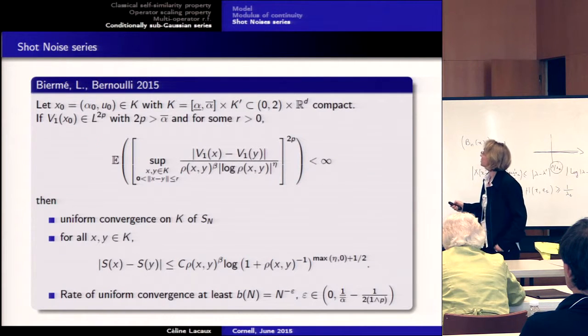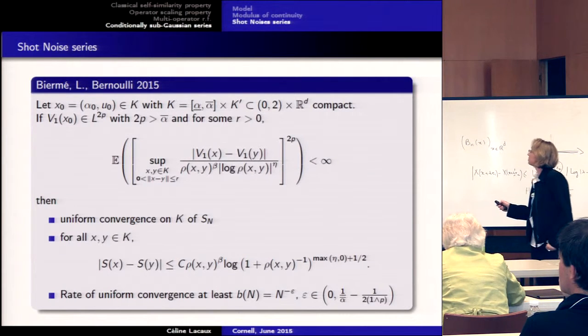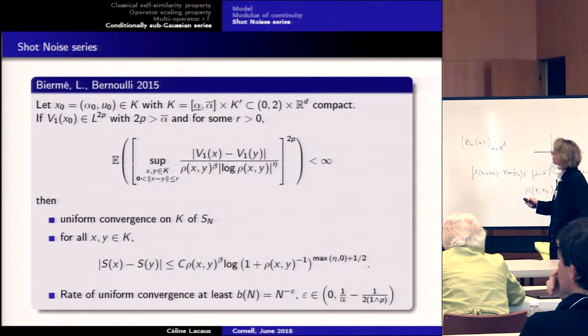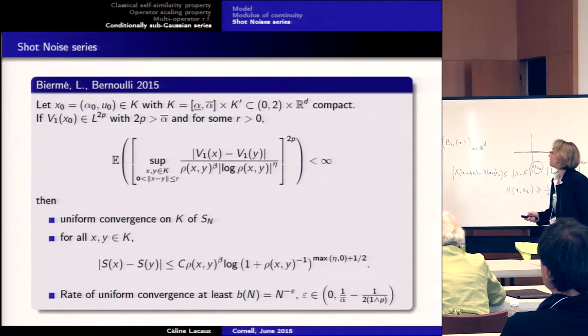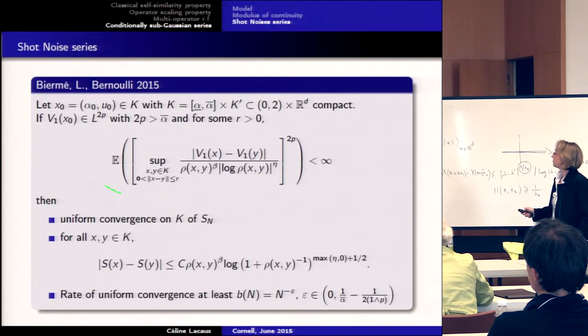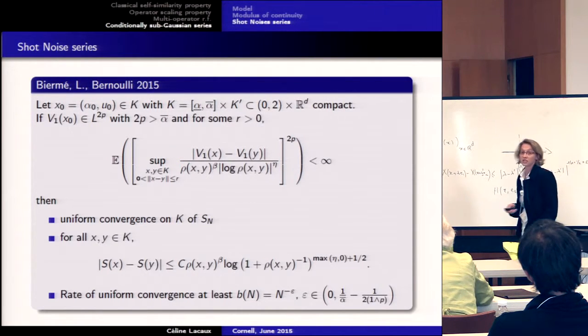I choose a point in a compact, which is in (0, 2) times R^d. I suppose that V1 of x0, so x0 is there, is in V alpha and a point Q. And then I assume that I have this control on the moment of V1. Then I will have the uniform convergence.